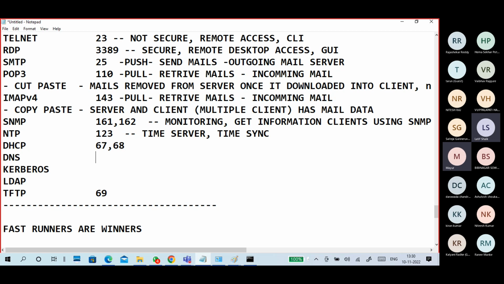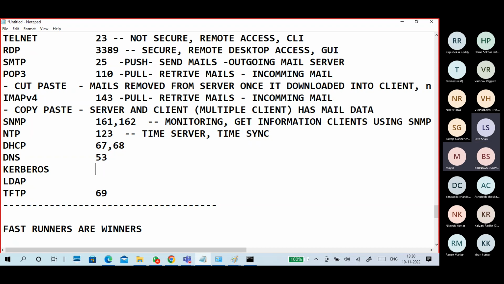DNS gives the IP address of a domain, or of some other host in the domain, or a remote machine or device. Like if I want www.facebook.com, the DNS server will give me the IP address of www.facebook.com.